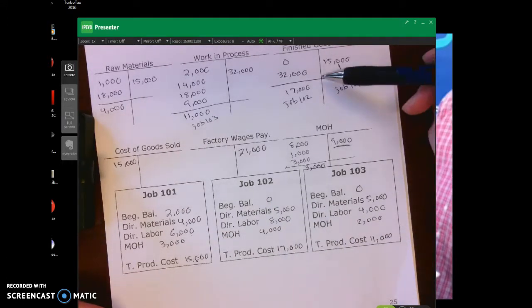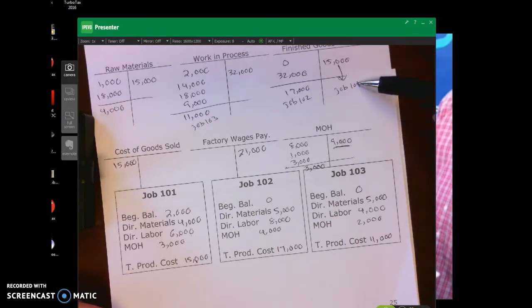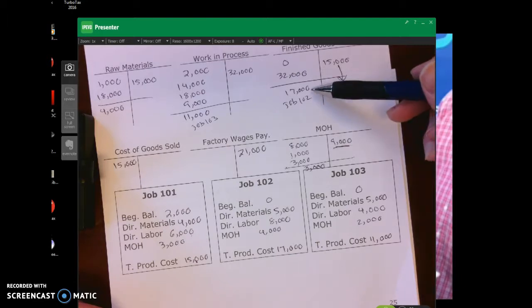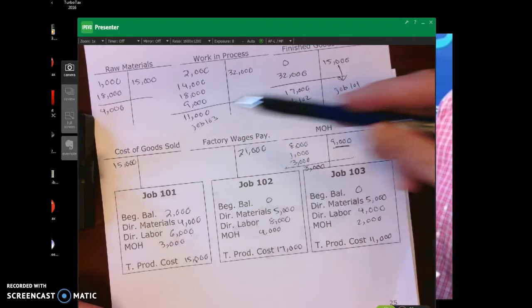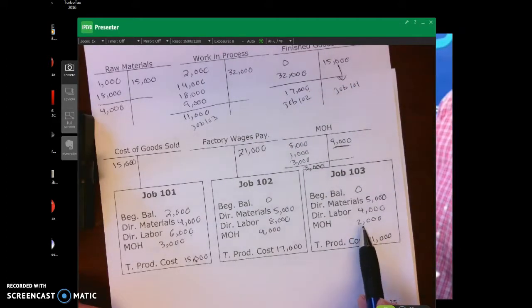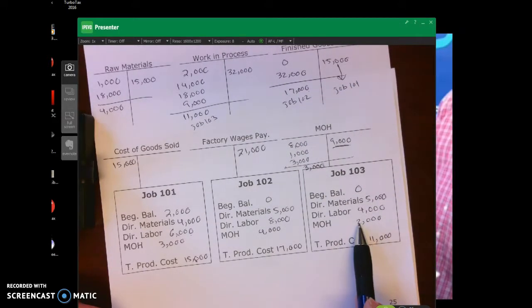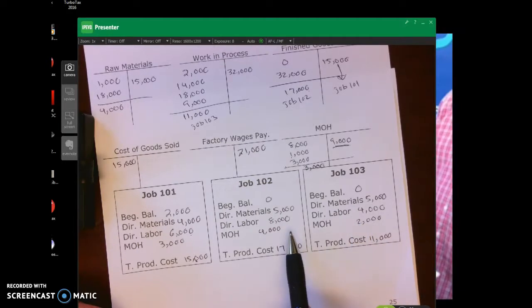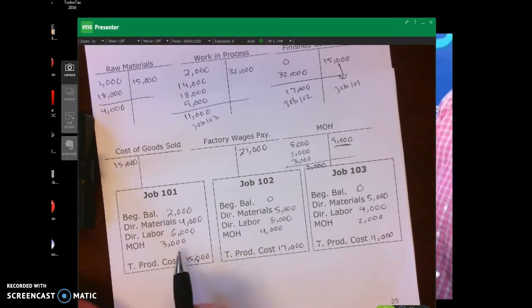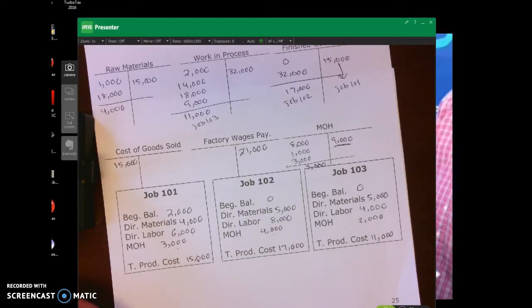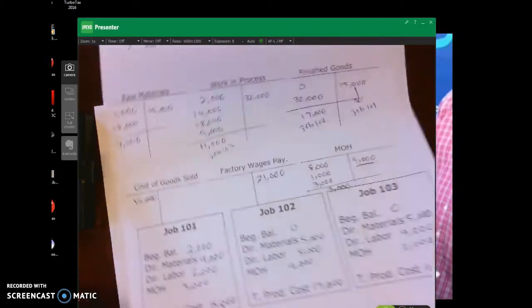We can see job 101 was our cost of goods sold, job 102 was our finished goods, and job 103 was our work in process. If I look at job 103, for example, I can see overhead of $2,000, overhead of $4,000, overhead of $3,000. I'm going to use those to calculate how much of that $3,000 goes to work in process, finished goods, and cost of goods sold.